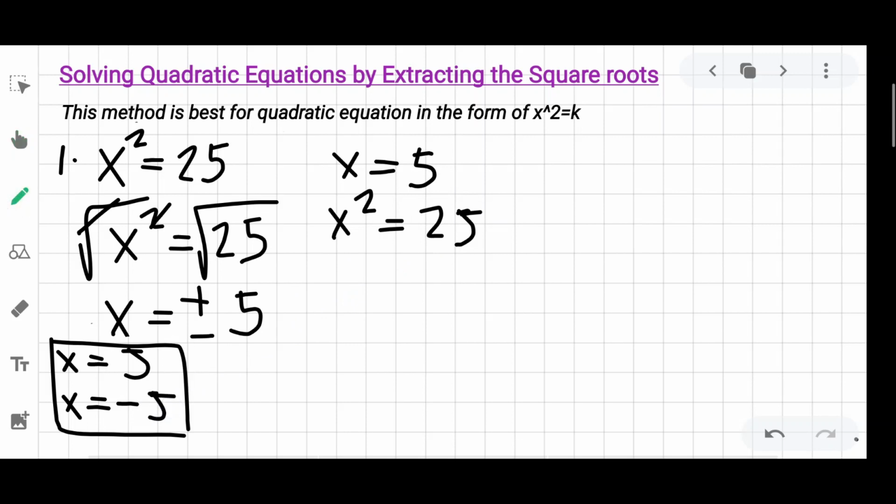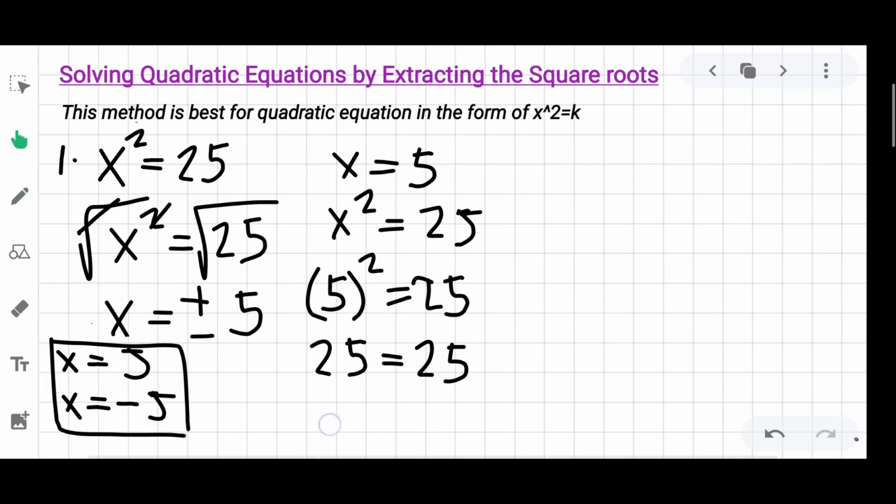Okay, so, papalitan ko si x ng 5. Then, i-squared ko equals 25. So, 5 times 5, kasi may squared, the answer is 25. Bring down equals 25. So, since equal sila, therefore, tama yung sagot natin. Tama yung una nating solution.